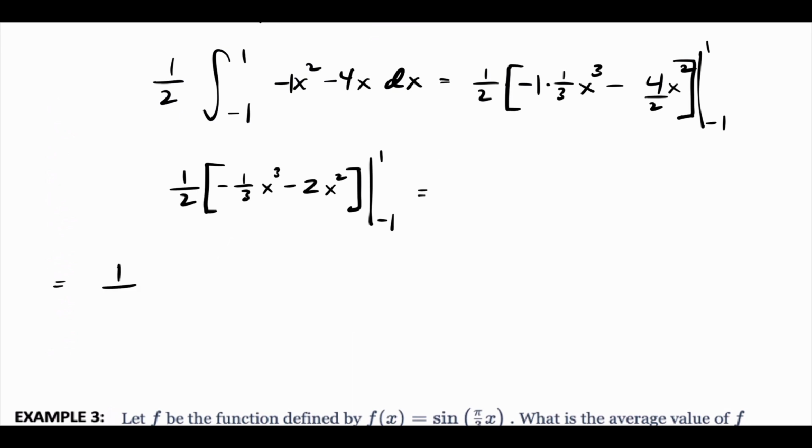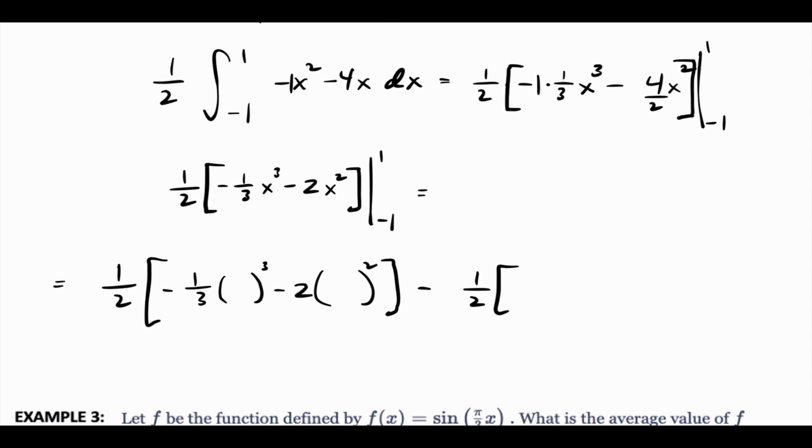So I get 1/2 negative 1/3 x cubed minus 2 x squared. So I'm going to plug in a 1 and a negative 1.